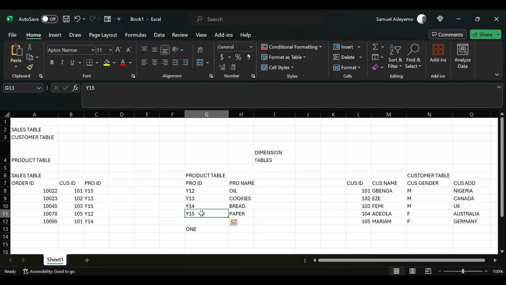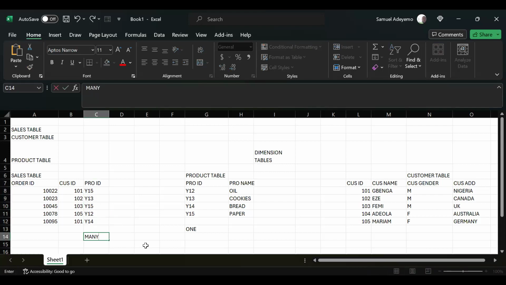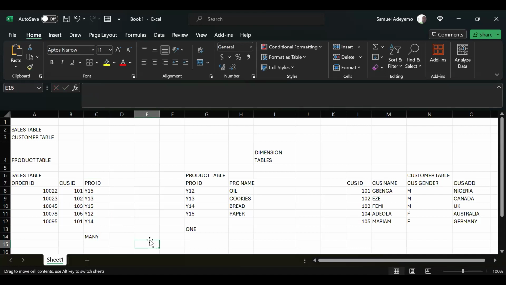By the time this product ID gets to the transaction table, which is the sales table, it becomes a foreign key on this table. It means that it can have duplicates on this sales table. The cardinality here is going to be many cardinalities, sorry. So one cardinality here because this one is unique, and many cardinality here because this one involves duplication.